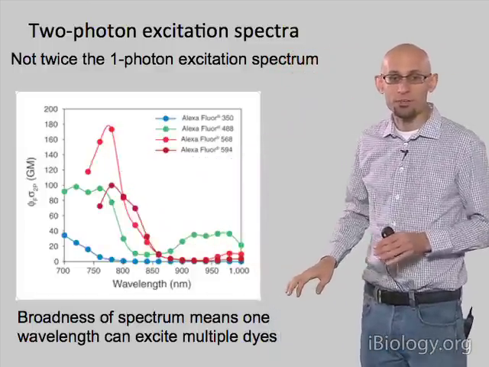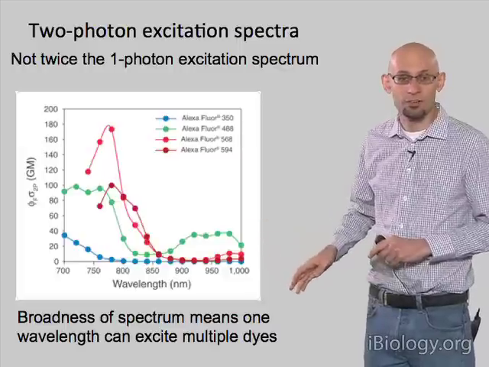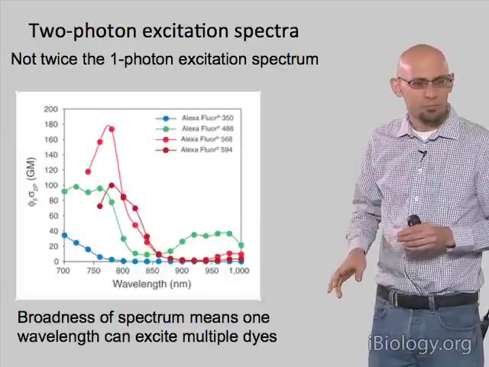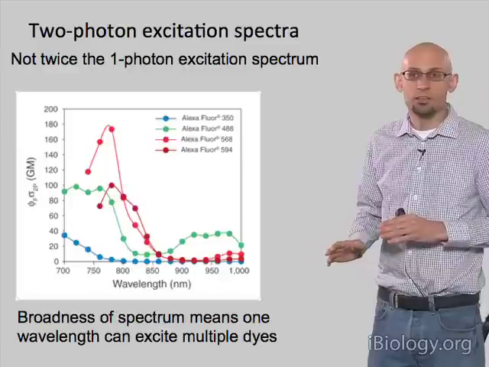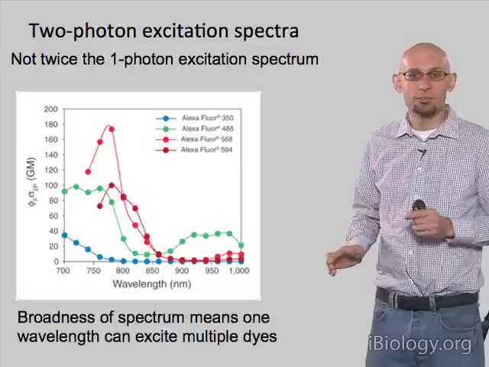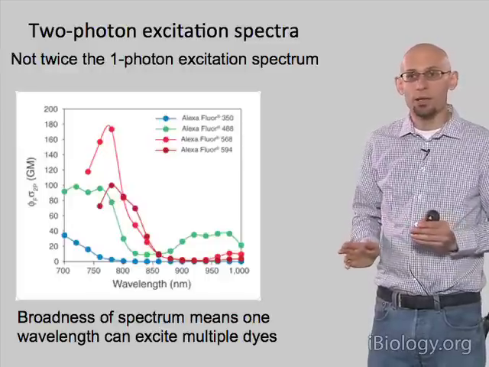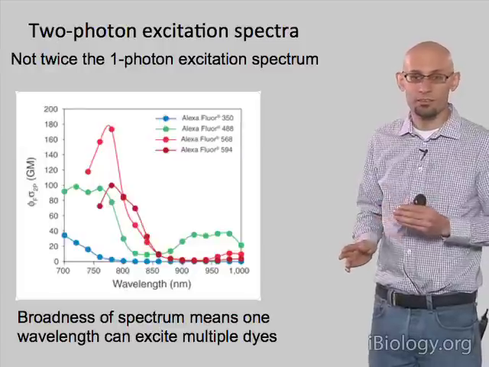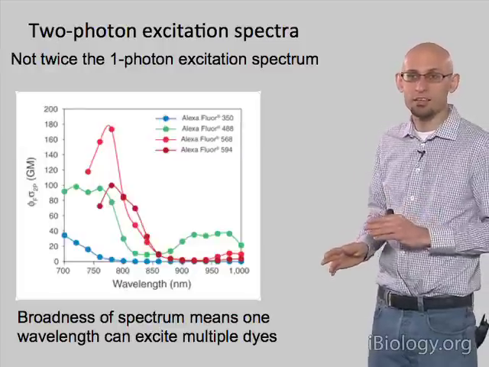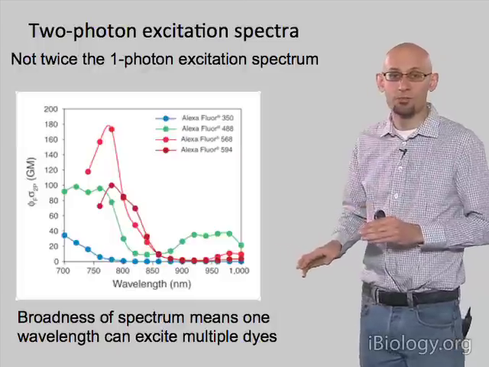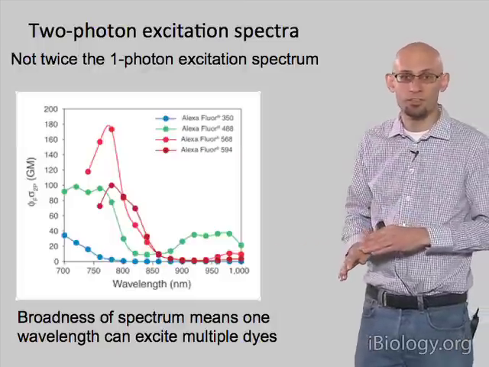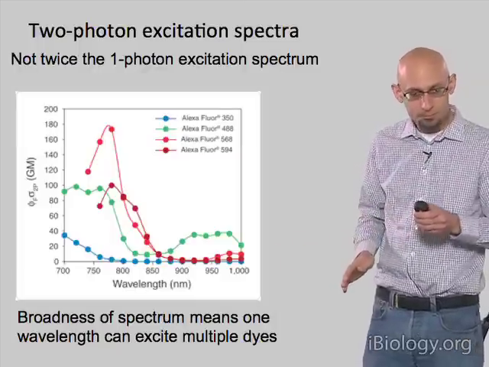And this means that you can use one excitation wavelength from your laser to excite multiple dyes. And this is both good and bad. It means you can't pick out a single dye by changing your excitation, but since tuning these lasers takes some time, it's not instantaneous, it also means you can excite multiple dyes at a single wavelength of your laser, which means it's fast to acquire multicolored data.